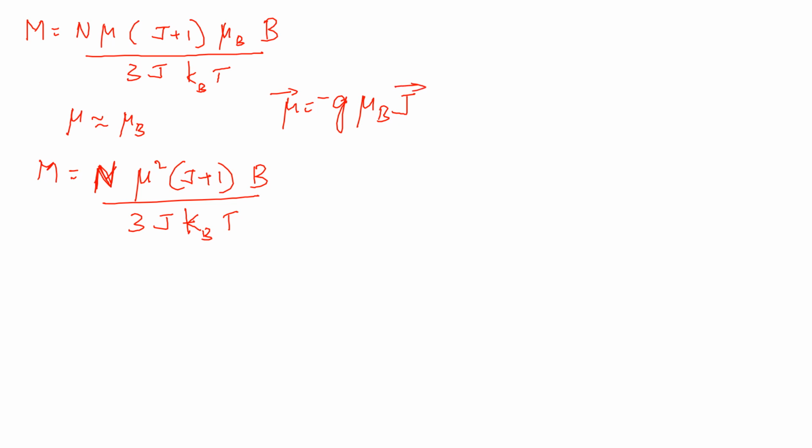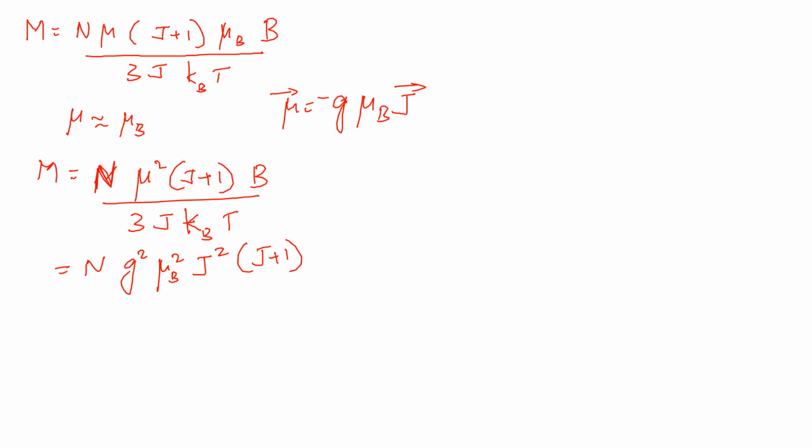Magnitude of mu is equal to g mu_B times j. So we can write mu squared as g squared mu_B squared j squared. Then again there is a j plus 1. Then there is a B.